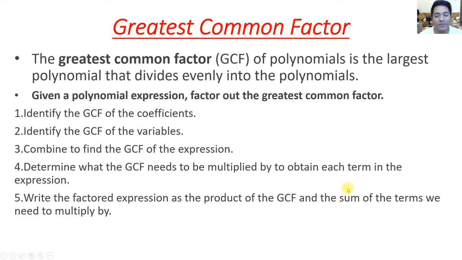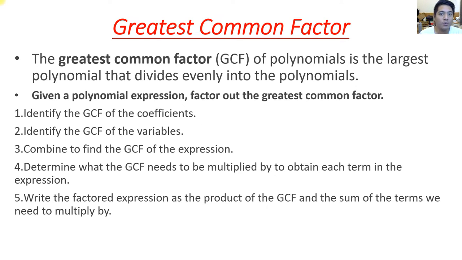Okay? So the very first method of factoring is what we call the greatest common factor, commonly known as the GCF. The greatest common factor of polynomials is the largest polynomial that divides evenly into the polynomials.